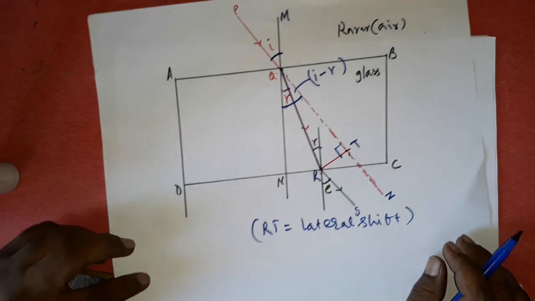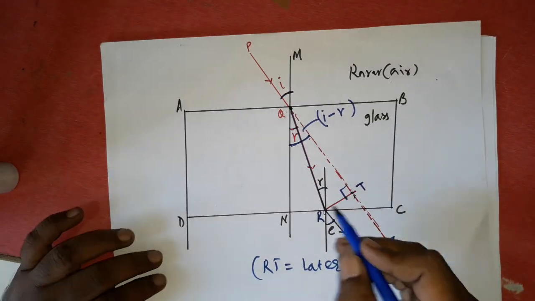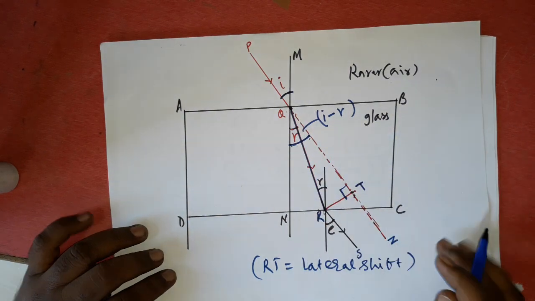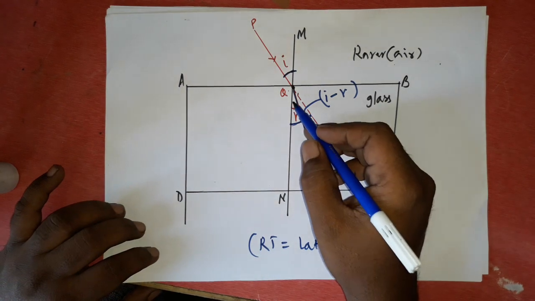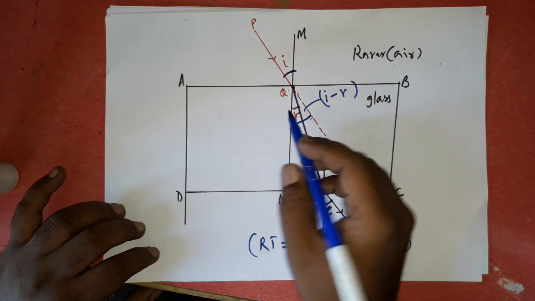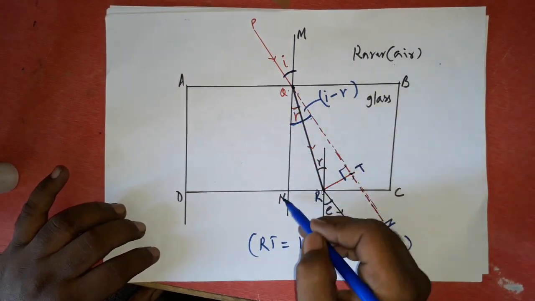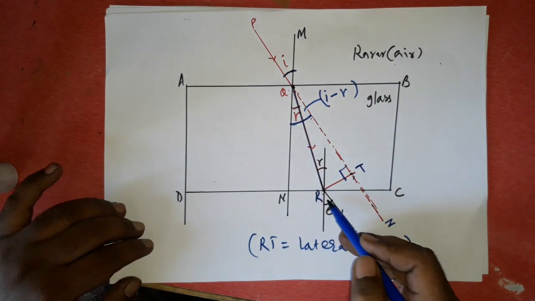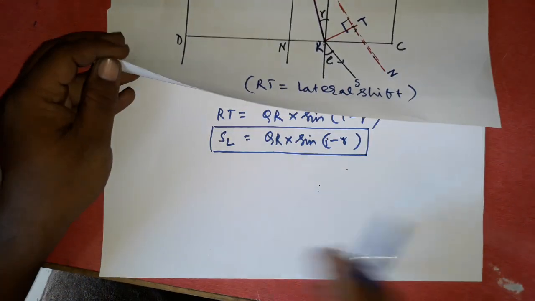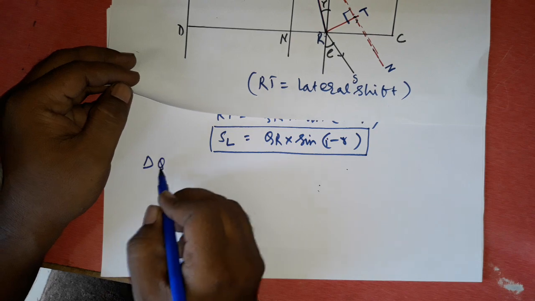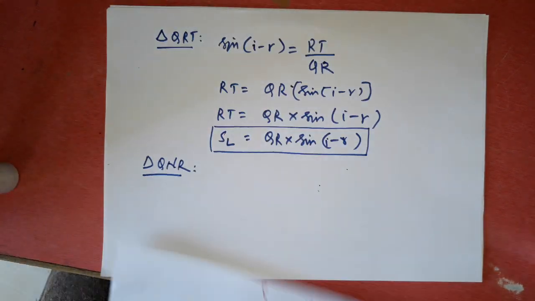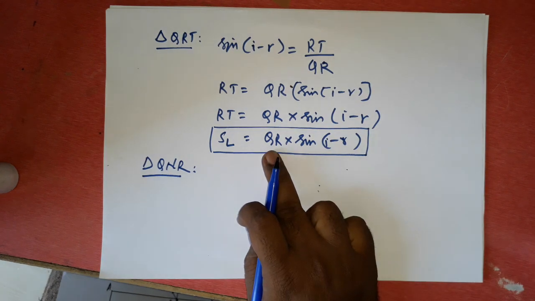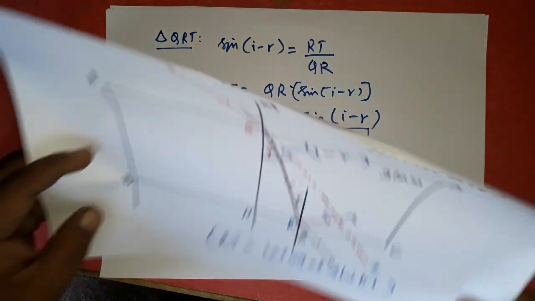Then what is this? See, this angle r, I will take this triangle QNR. Then I will try to find the value of QR, which is very essential here.